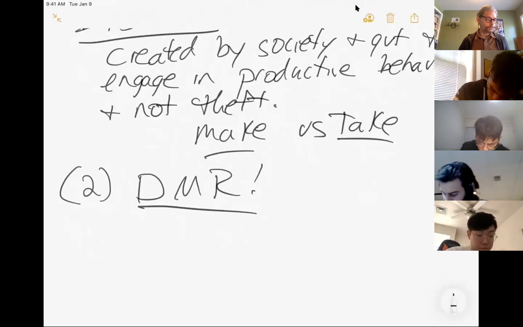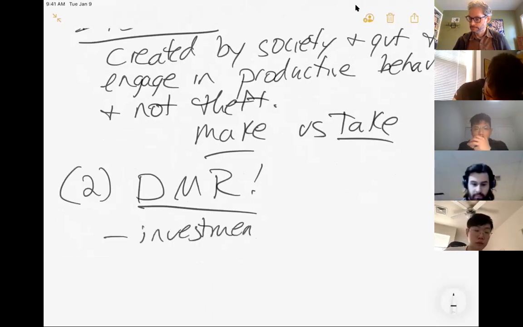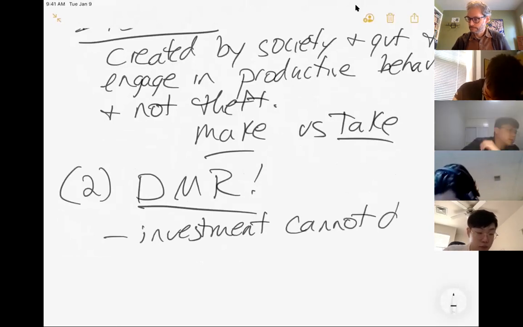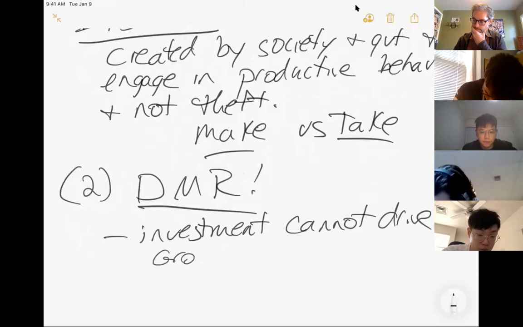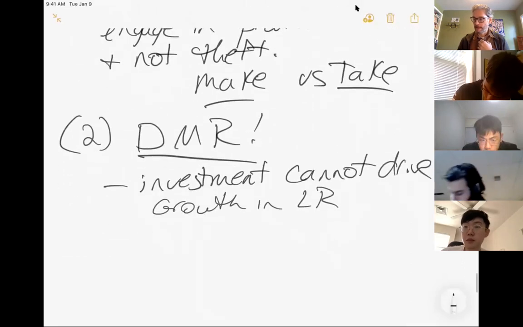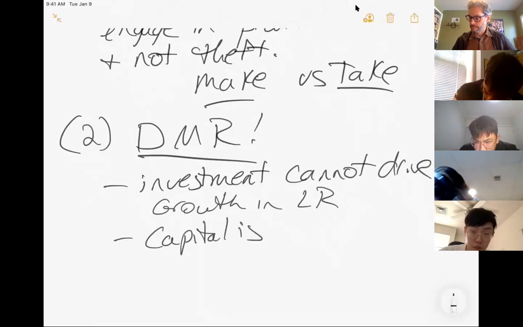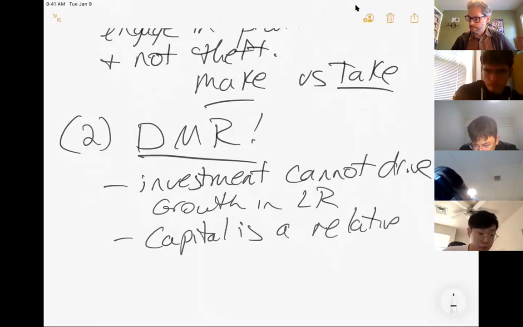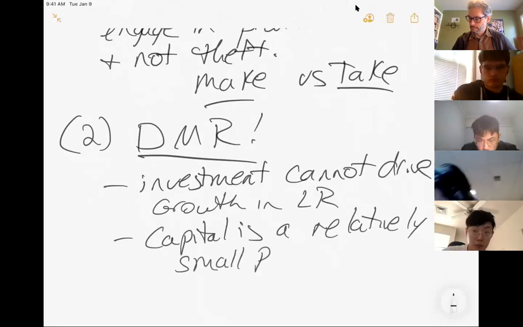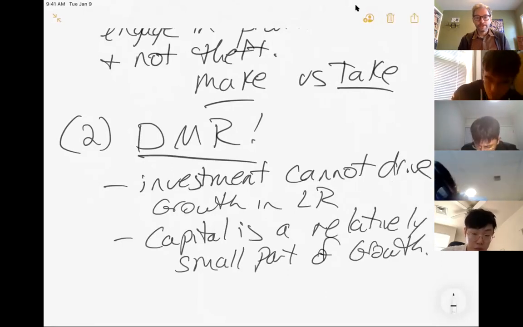You can't get rich just by increasing investment alone. Okay. Investment cannot drive growth alone. Okay. Capital is a relatively small part of growth.